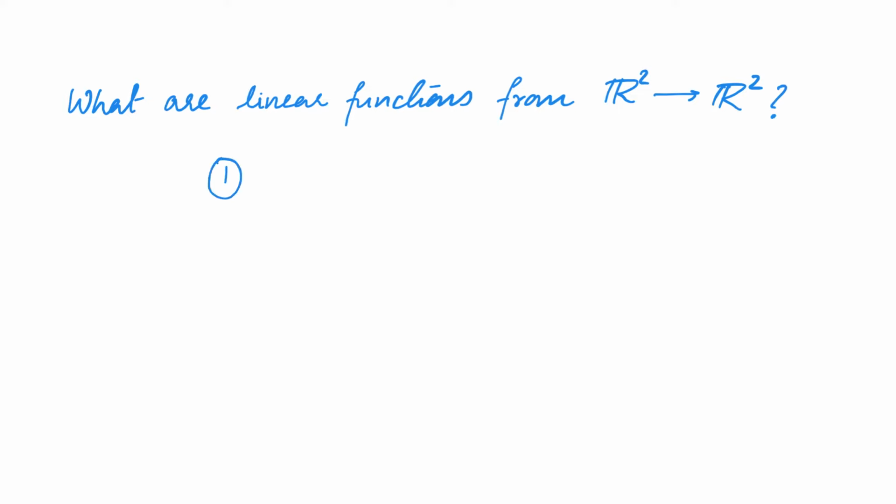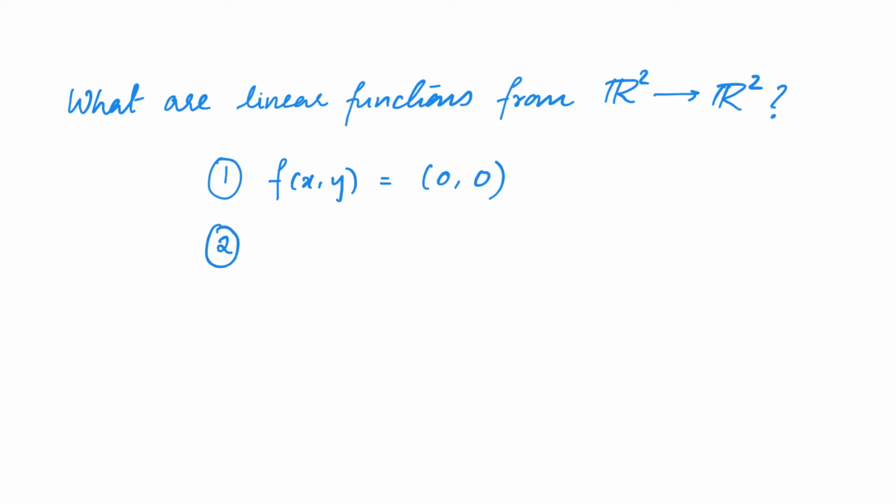For example, if you take the function f(x,y) to be equal to (0, 0), then it's clear that you get the xy plane in the xyzw space. That means you are taking the first two coordinates to be non-zero and the remaining two coordinates to be 0 in R4. So what you get is a plane.